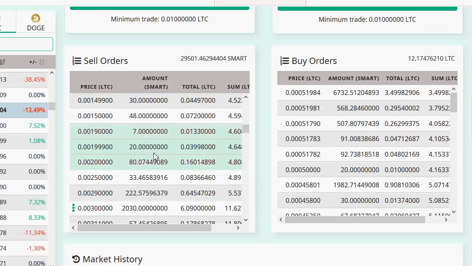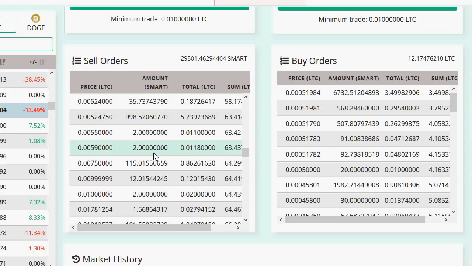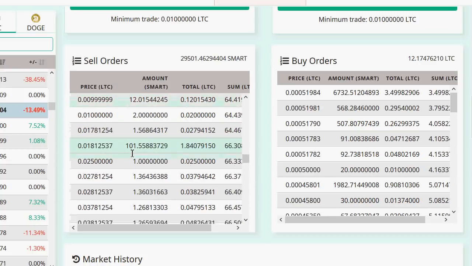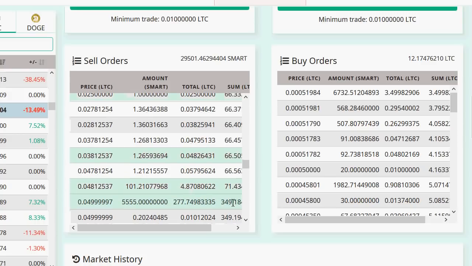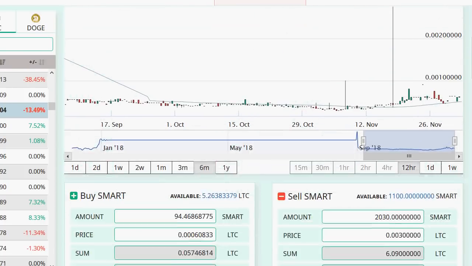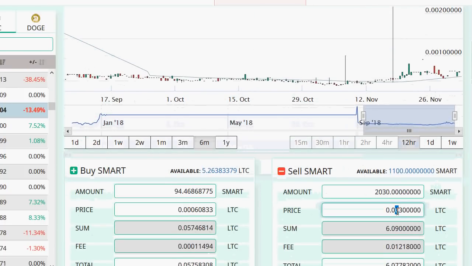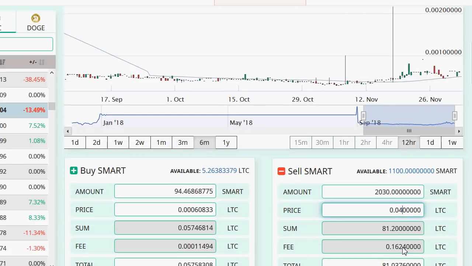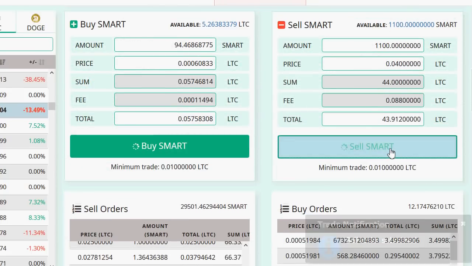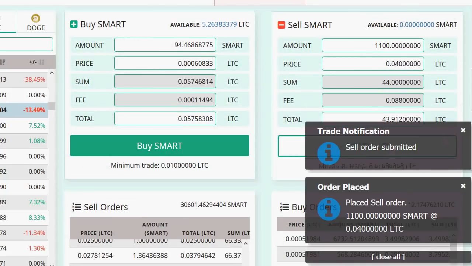So now I want definitely over 0.05, which is this area here. And there's the big wall block right there, 350 to 71. And that's at the 499-ish handle, so let's just own the 40 number. And selling just 1100 will net me 43 Litecoin.